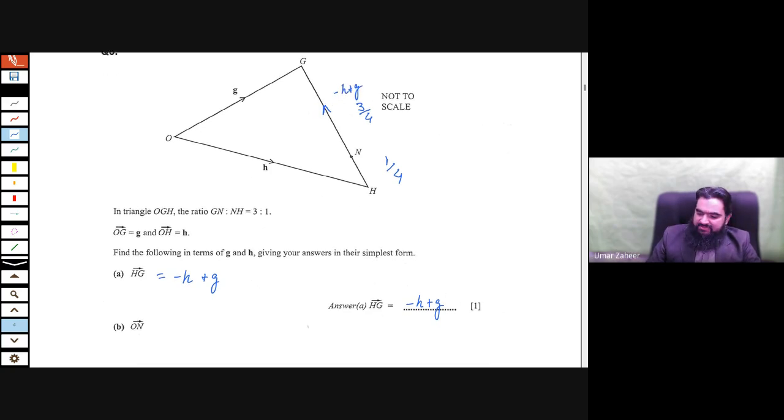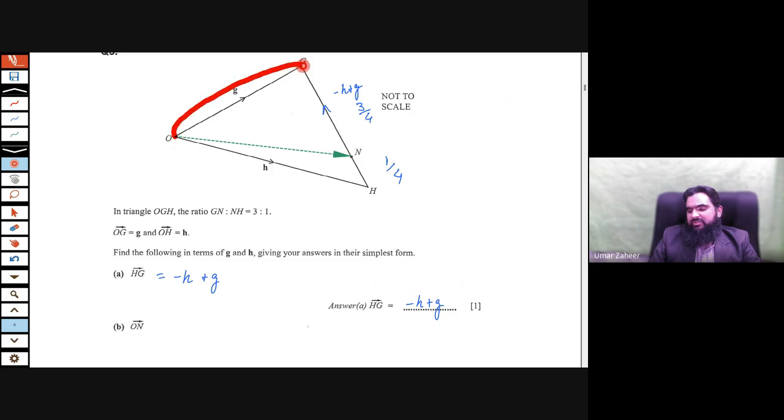Now in the next part, he says that you have to find ON. ON means you need to find the position vector of O to N. Now if you want to move from O to N, you have 2 ways. One way is to go from O to G and G to N. Another way is to go from O to H and H to N. You can choose any path.